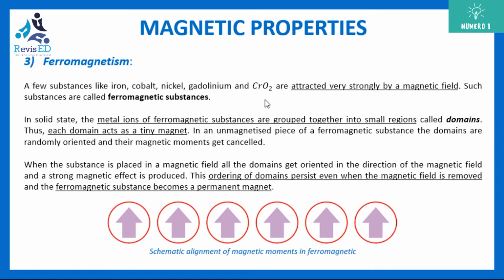So we are talking about magnetism, so that's a magnetic field. In a ferromagnetic substance, the metal ions are grouped together in small regions known as domains. Each domain acts as a tiny magnet.